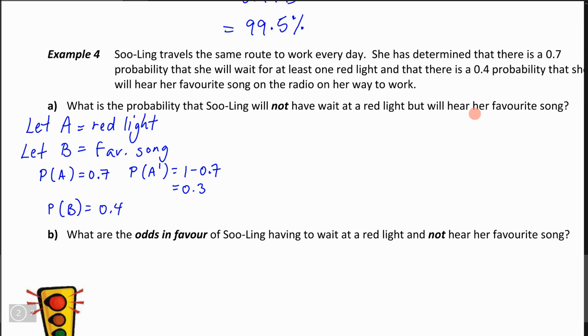So what am I looking for? Well, I'm looking for the probability that she will not have to sit at a red light, so A prime, and the probability that she'll hear her favorite song on the radio, B. And that's simply P of A prime times probability of B. 0.3 times 0.4. That's 0.12.